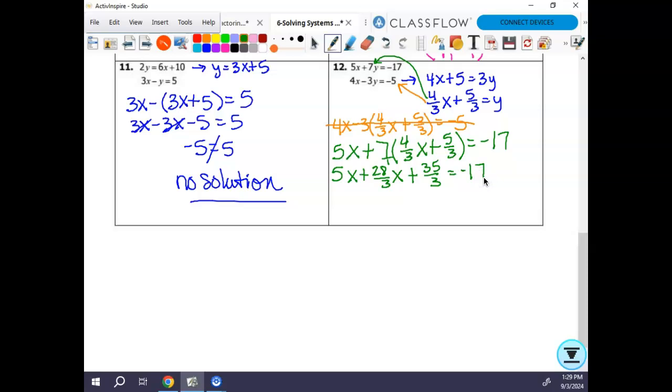Okay. Now, can we get rid of those fractions? What do we do to get rid of them? Multiply. Good. Multiply every single term by what? 3. Okay, so literally everything, and let's make sure I can do that. 15x plus 28x plus 35 equals, and I'll be nice and tell you it's -51. I do know that much.